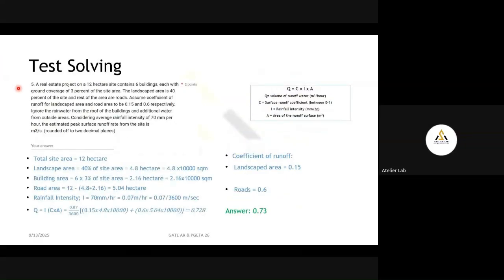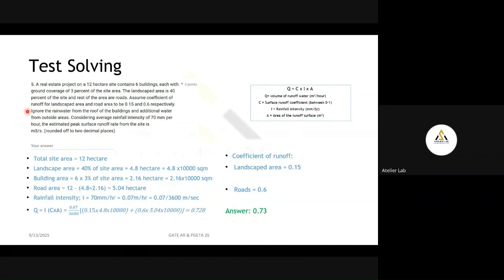Next one is to calculate the runoff areas. A real estate project on a 12-hectare site contains 6 buildings, each with ground coverage of 3% of the site area. The landscaped area is 40% of the site and the rest of the area is roads. Assume the coefficient of runoff for the landscaped area and the road area to be 0.15 and 0.6 respectively.